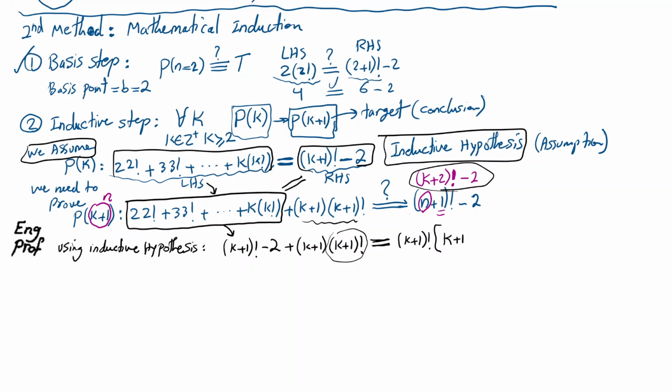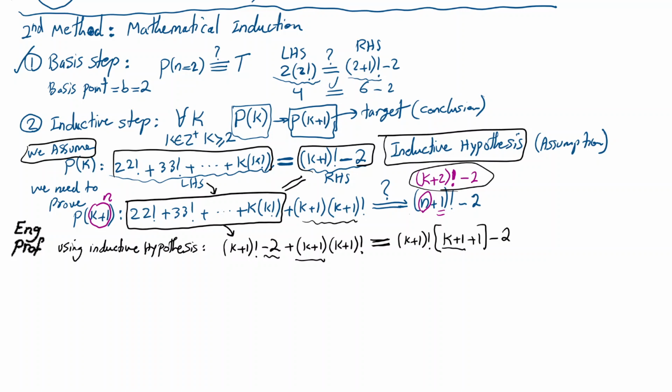I'm just trying to evaluate the things I can do. I can just factor out k plus 1 factorial. So what happens is this k plus 1 remains as it is, and then this k plus 1 factorial becomes just 1, and then we can keep negative 2.